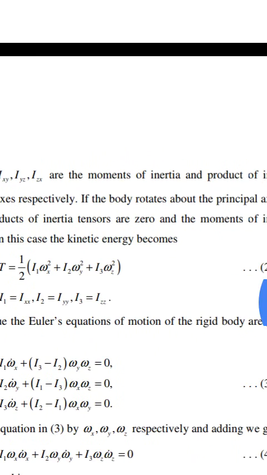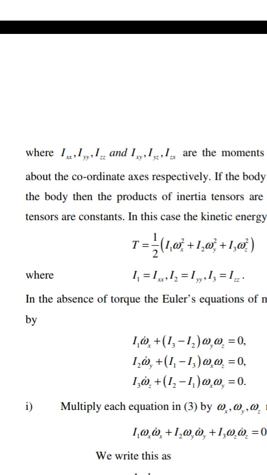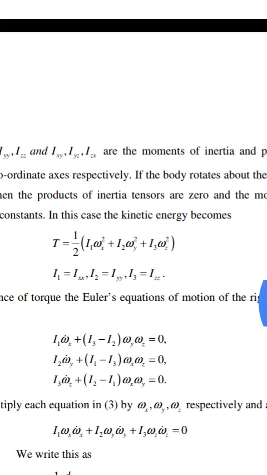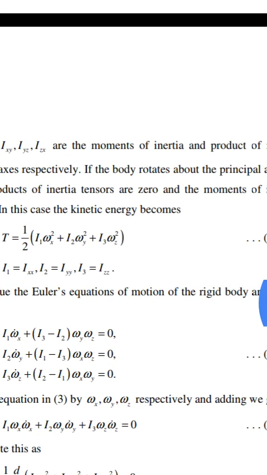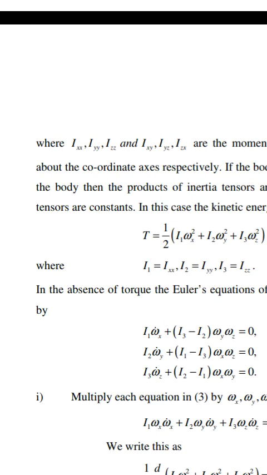If the body rotates about the principal axis of the body, then the products of inertia are 0 and the moments of inertia are constant.